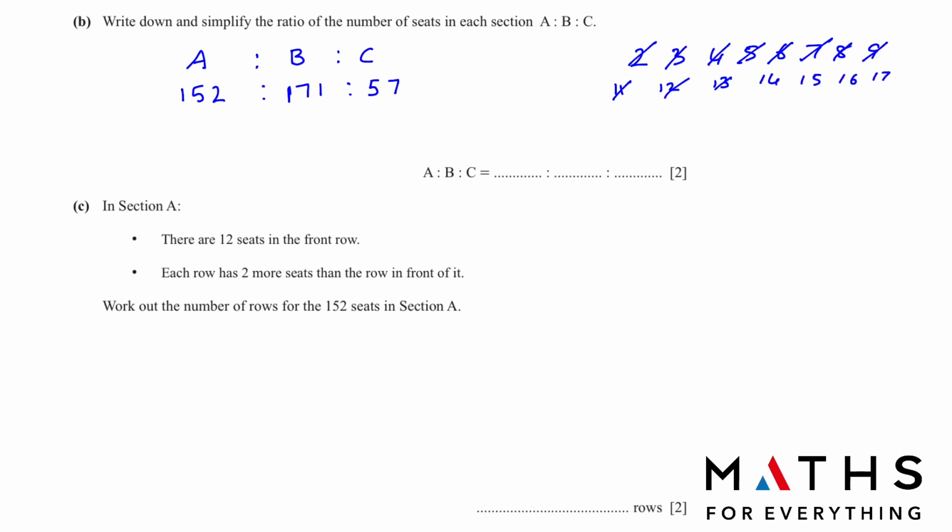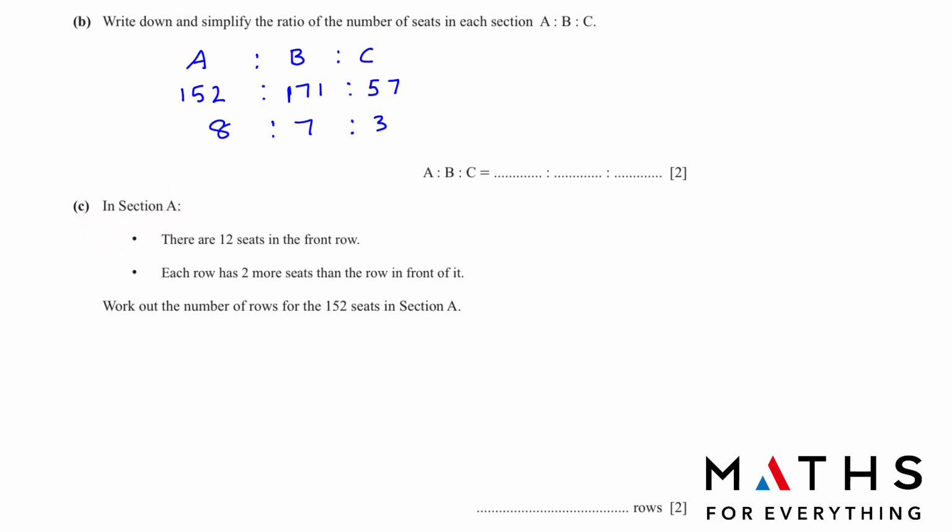Finally, you will realize that you can divide everything by 19. 152 divided by 19, you will get the answer 8. 171 divided by 19 is 7. And 57 divided by 19 is 3. It's a 2-mark question. You can just try your numbers at the side and see whatever gives you the answer.